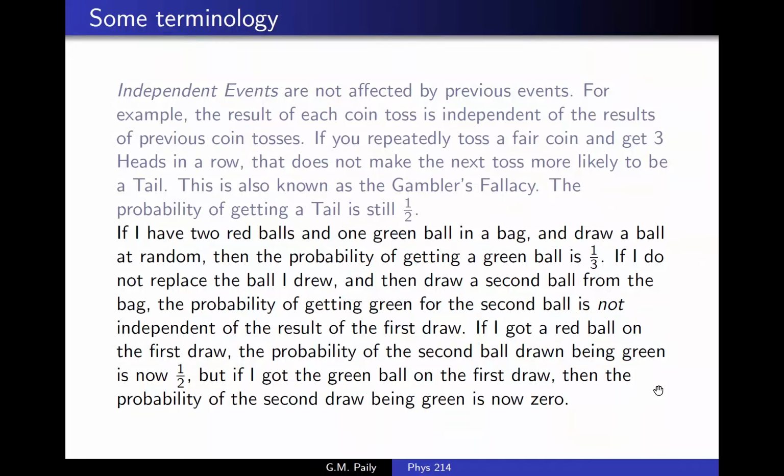If I got a red ball on the first draw, then the probability of getting a green ball for the second is now 1/2, because there's 1 red ball and 1 green ball in the bag. But if I got the green ball on the first draw, then there are no more green balls in the bag, and the probability of getting green for the second draw is now 0. So those are 2 events, the first draw result and the second draw result. Those are not independent.